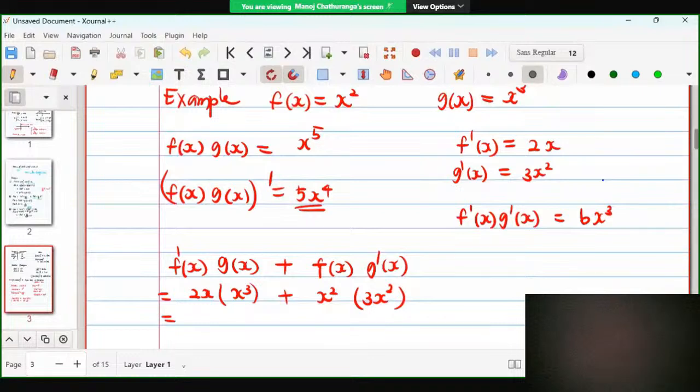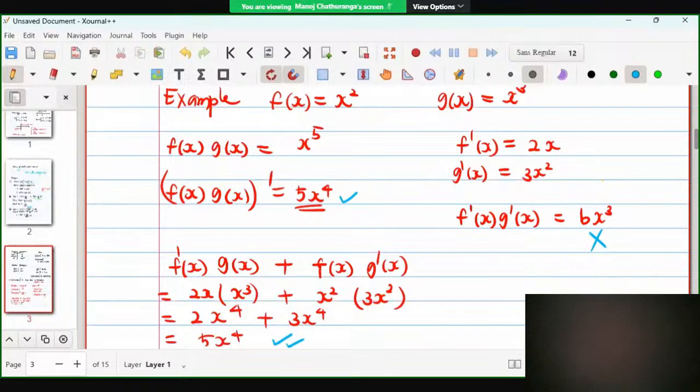So you get 2x to the fourth power plus 3x to the fourth power. So altogether we get 5x to the fourth power. And it clearly coincides with the derivative of the product. These two answers are okay, but this is not.